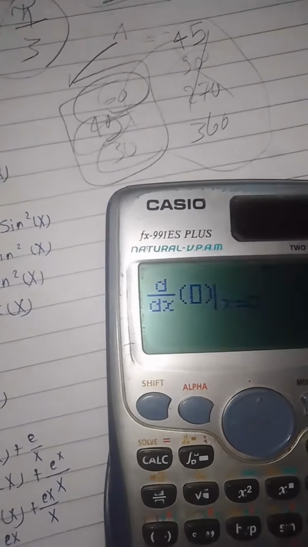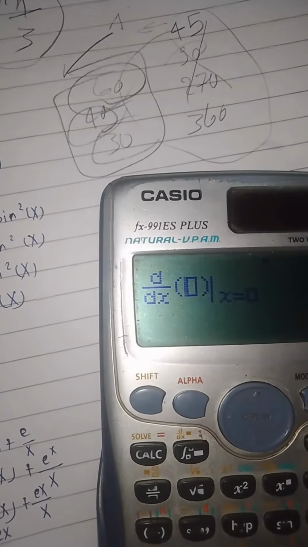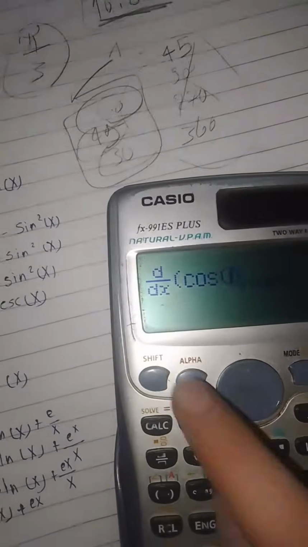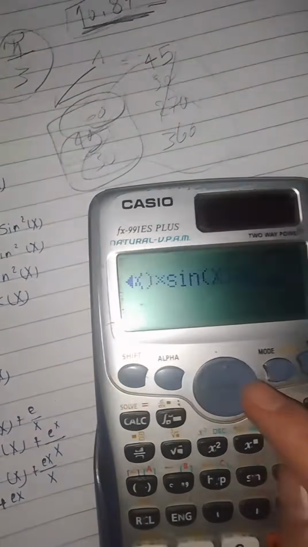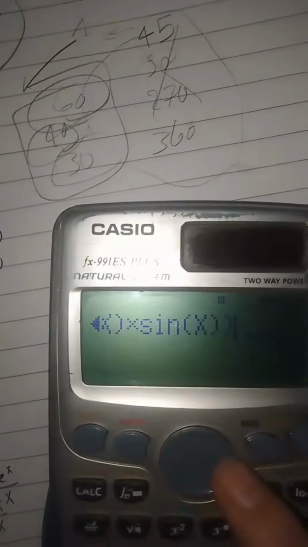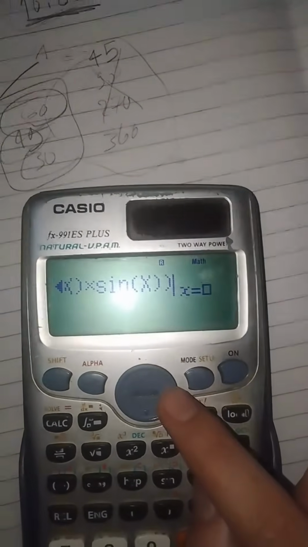So let's start. Here we have shift derivative. I'll copy the equation as I said before, cosine x sine x. All right. So I just copied the equation. Now I need a substitution for x.